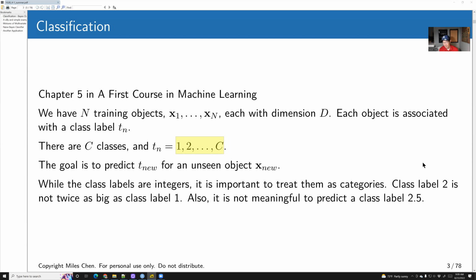It's not bigger or less or anything like that. And it's not meaningful to try to predict a value that's in between classes. You wouldn't say this is a class 2.5 or 2.3. That's not meaningful. You have to predict one of the classes, one of the categories. Okay.